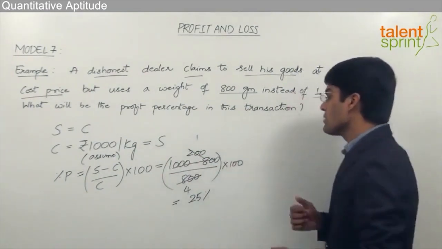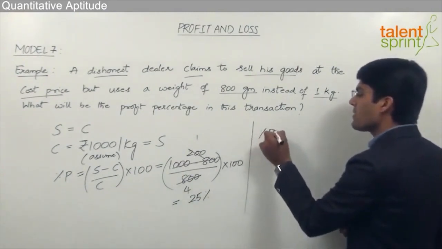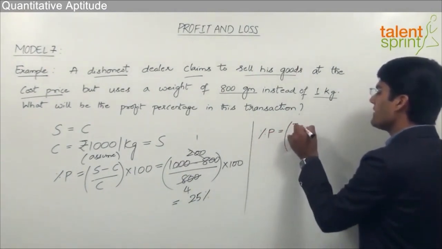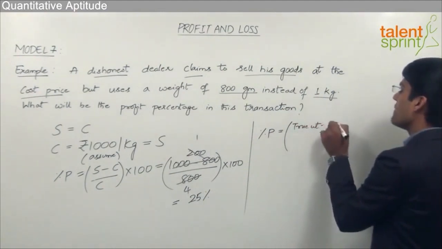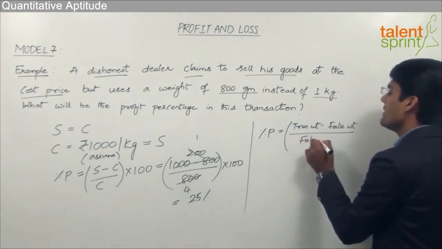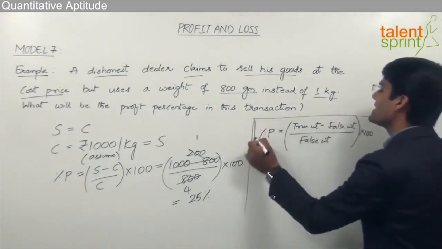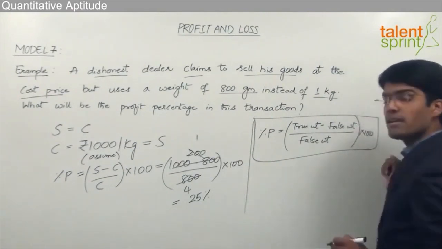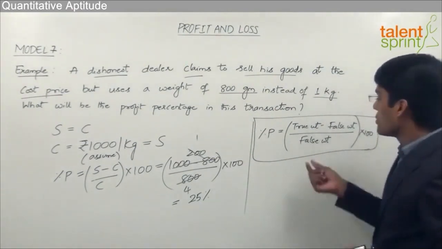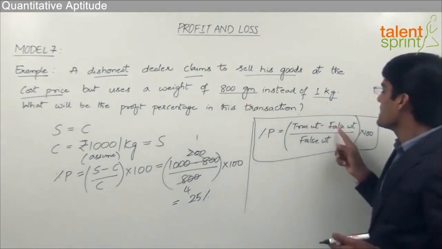And this question can also be solved with the help of the shortcut formula, which goes as follows. The percentage profit will be equal to (true weight minus false weight) by false weight into 100. So if you can remember this formula, you can directly get the answer. Now the true weight here is nothing but 1 kg, but he is using a false weight of 800 grams.